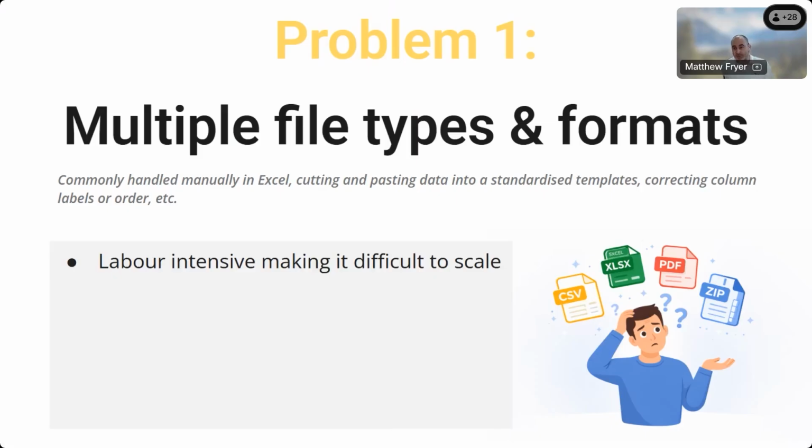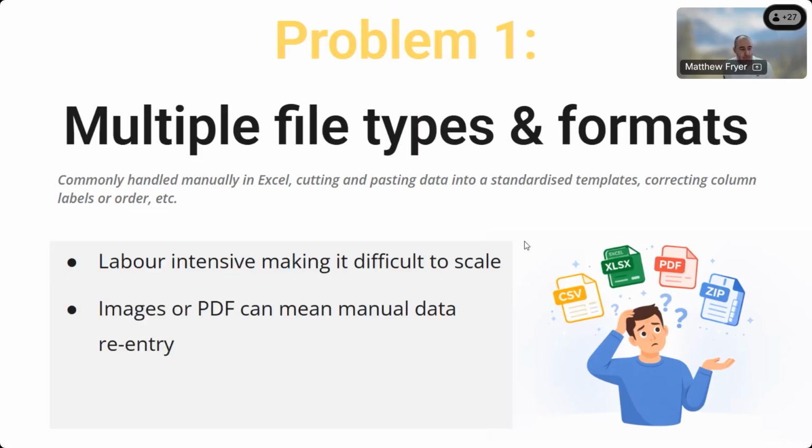Some of the problems that doing it that way can have is, obviously, it's labor intensive, and as Dimitri described, scaling up those labor intensive processes is very problematic and costly, and it can be incredibly prohibitive. Just because I double the number of files I process doesn't necessarily mean double the number of people to deal with them. All of the extra complexity can mean that problem can actually be much bigger for us.